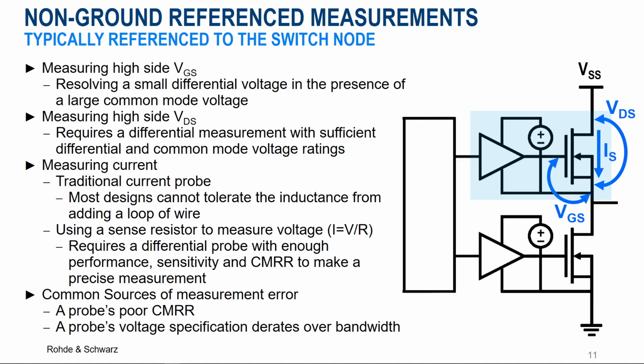Measuring non-ground reference signals, especially at the high side, can be problematic given the switch node transitioning rapidly between the supply voltage and ground. Measurements are made relative to the switch node, and this common mode signal can interfere with the ability to measure accurately. Because the high side gate is referenced to the switch node and not ground, these measurements require a differential probe.